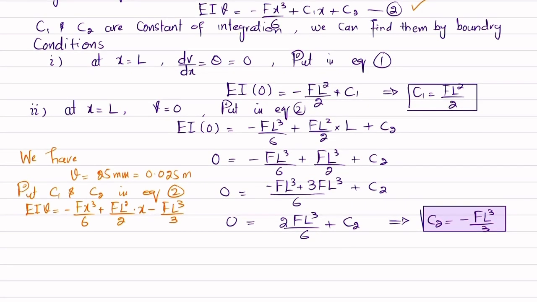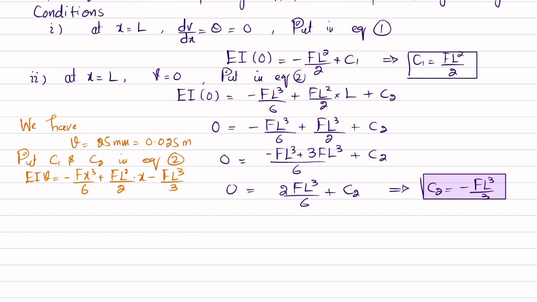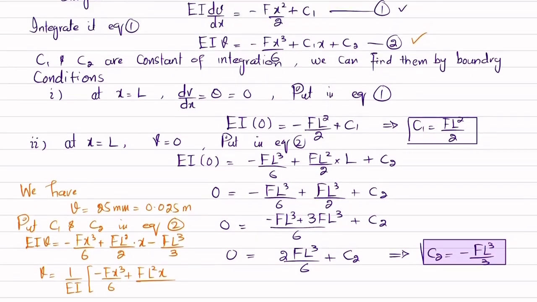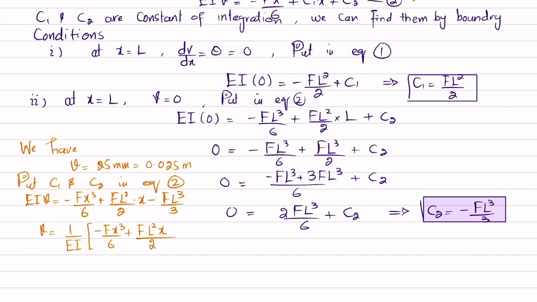And we will get V, which is deflection, is equal to 1 over EI into minus Fx cube over 6 plus FL square x over 2 minus FL cube over 3.